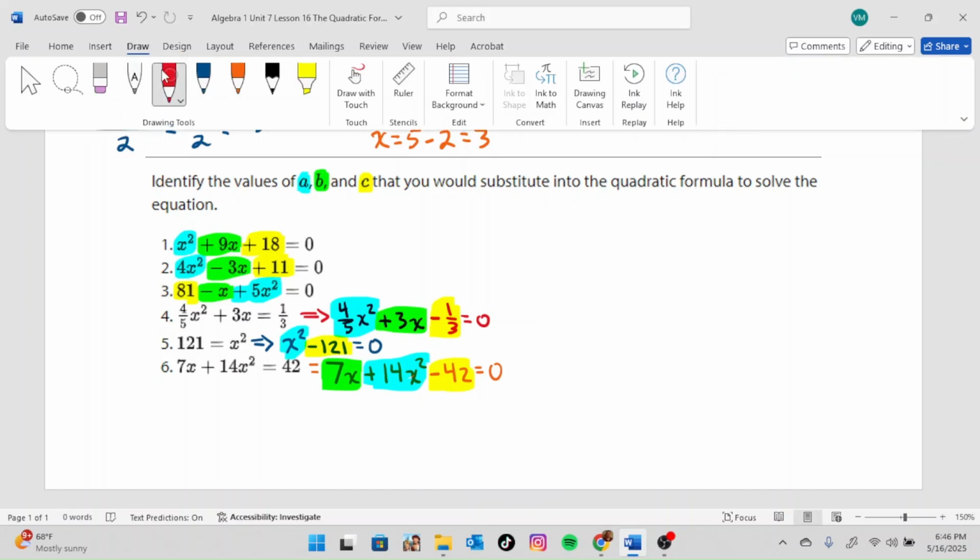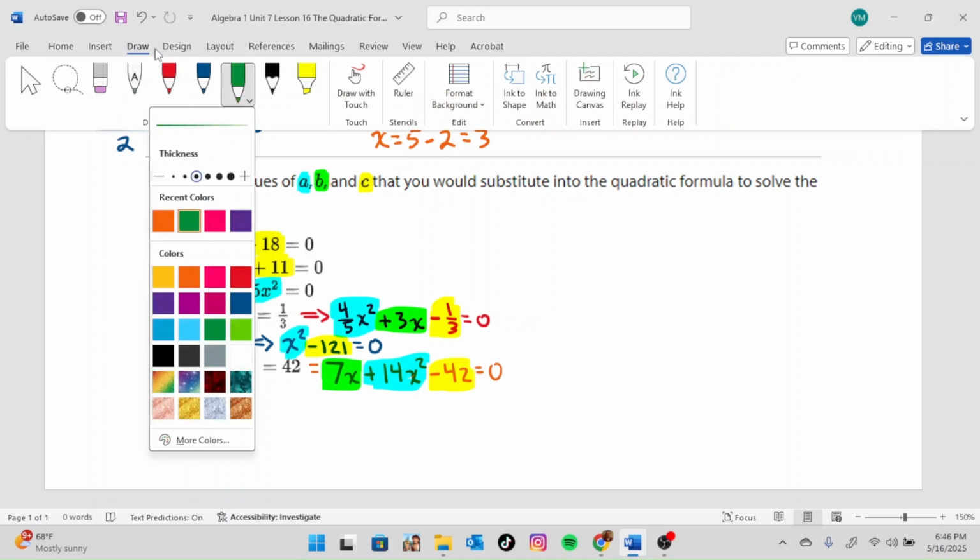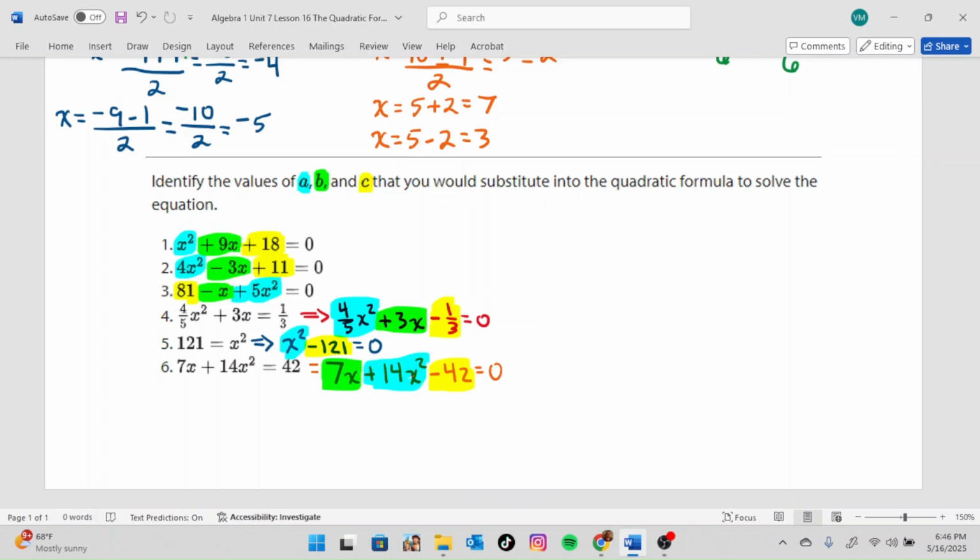So, on number 1, the A term, because we don't see a coefficient with the x squared, it is understood to be 1. The B term, because it is the coefficient with x, equals 9. And the C term, because it is the constant, equals 18.